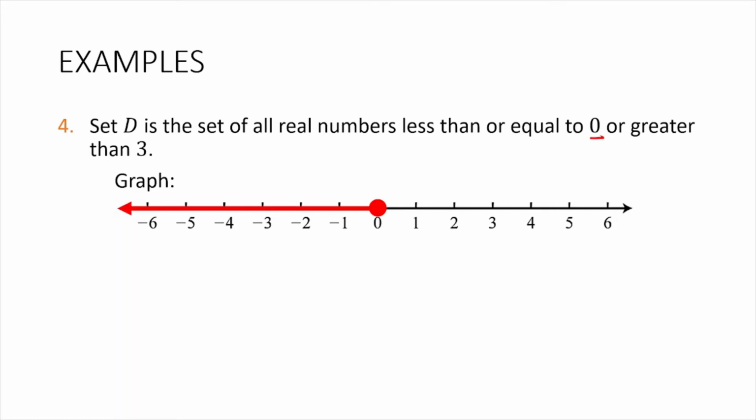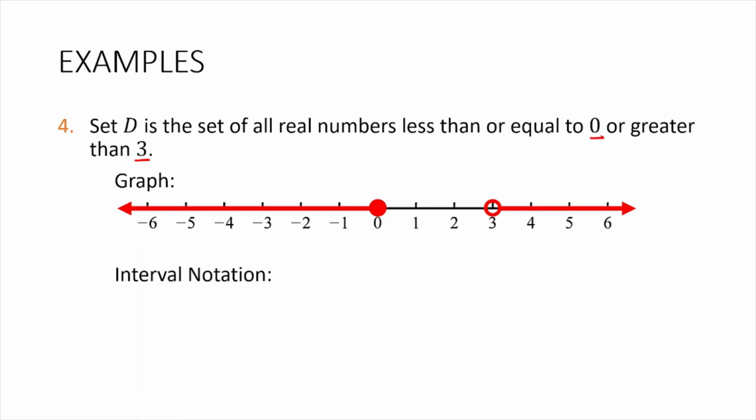And then we also have here 3. From 3, it says here greater than 3. So from 3, excluding 3, right, we go to the right, going to positive infinity. So these are the x values that are included in the set.